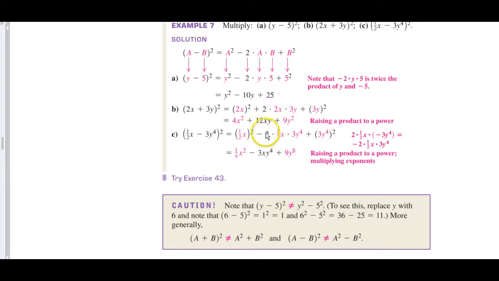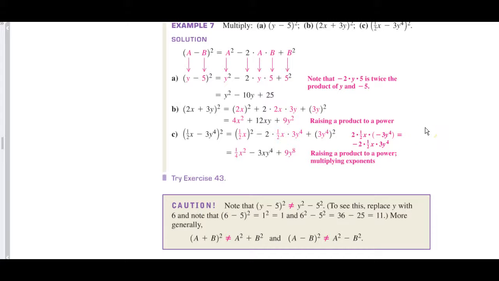Notice here the 2's will cancel out. There's where you get that middle term. And then you square the last term. Now a negative 3 times negative 3 is a positive 9. And y to the 4th times y to the 4th, y to the 8th. You just add the exponents.